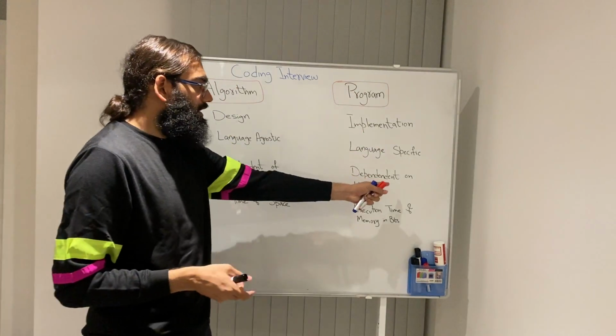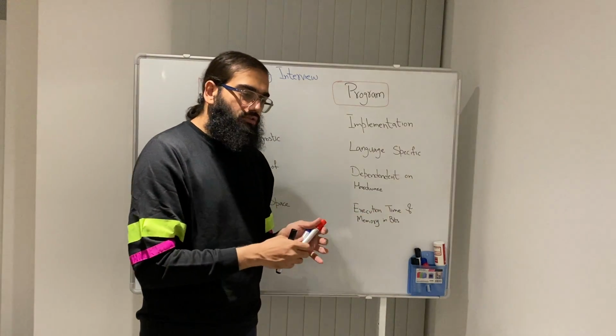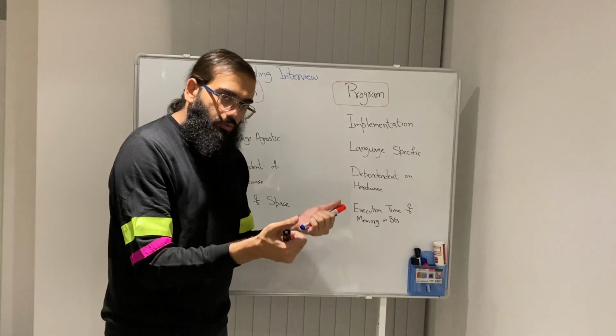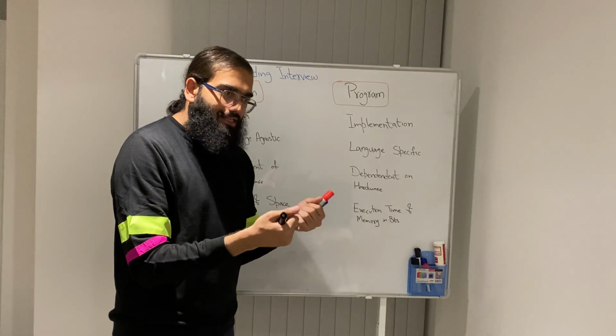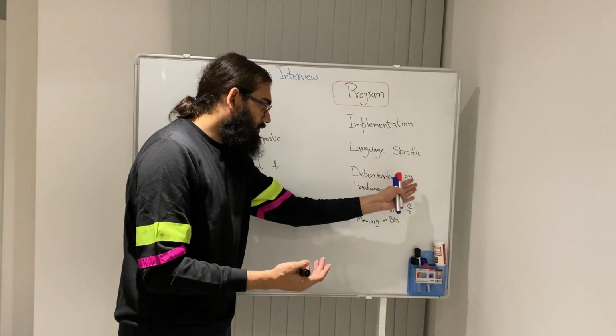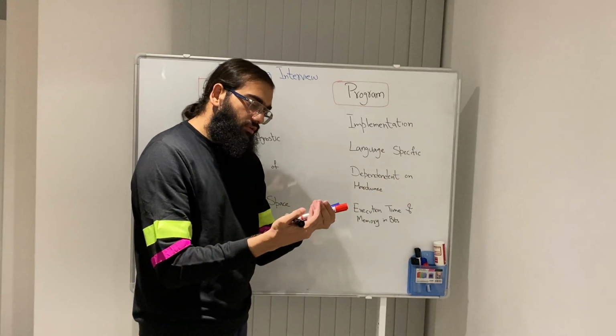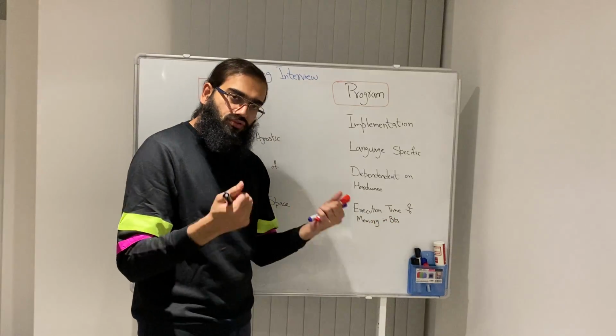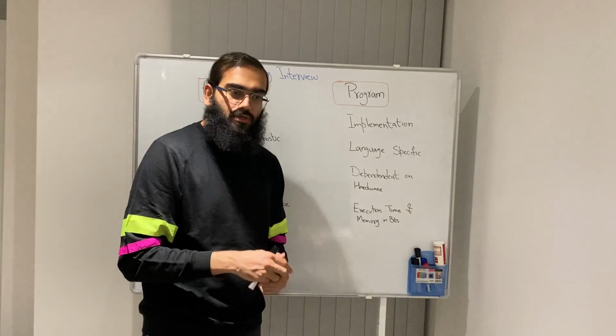In case of a program that is dependent on hardware, every hardware has different power, so you can do a benchmark, but on different machines you have different answers. For something dependent on a machine or hardware, you have two things: execution time and memory, how much memory it is taking.